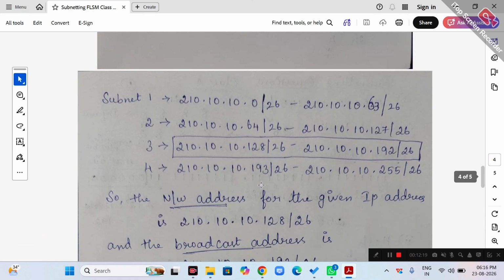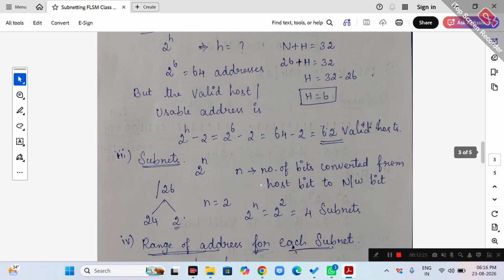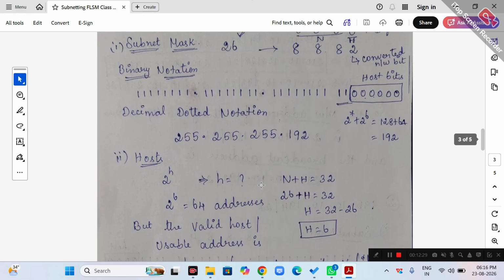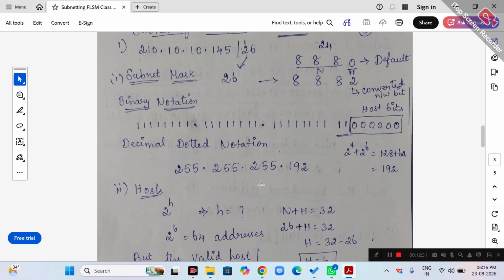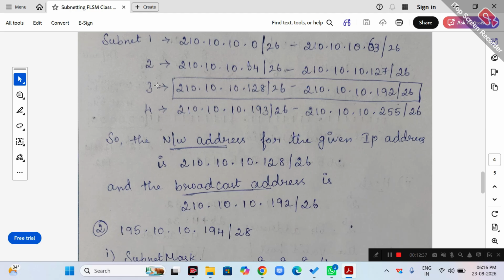Now, what is the given question here? The given IP address is 210.10.10.145. Here 145 is available in the third subnet, correct? 128 to 191, so 145 is available in this subnet.